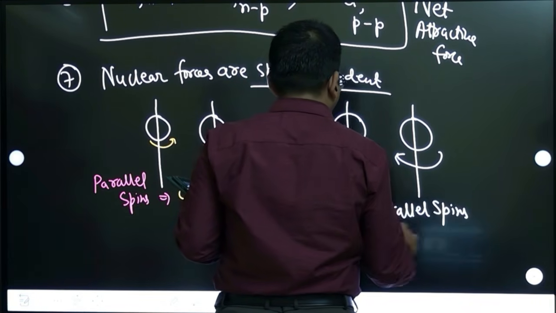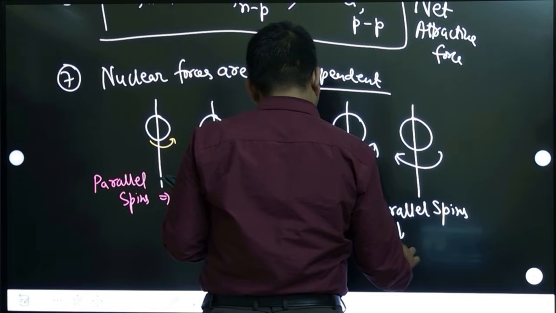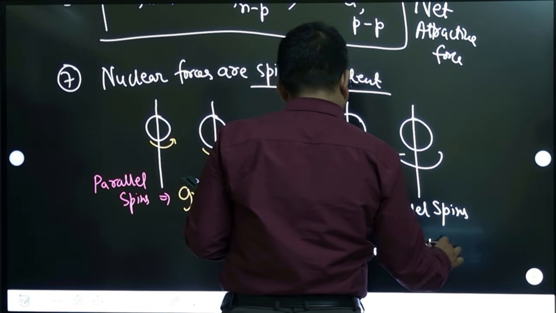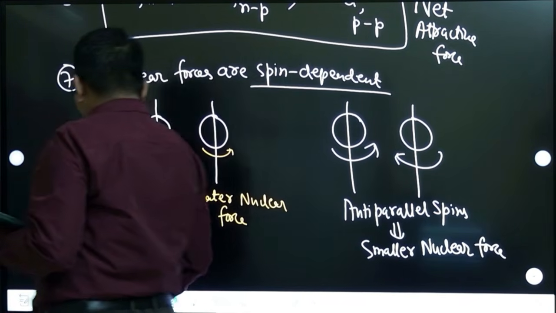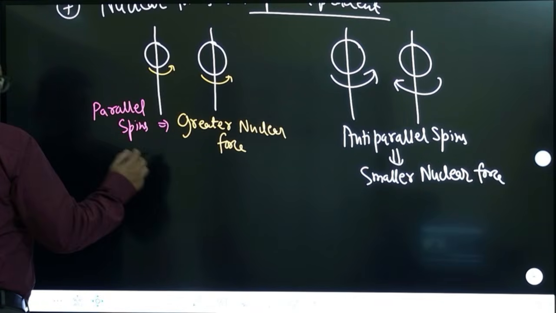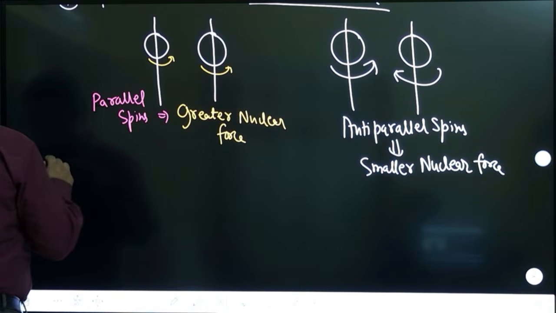Anti-parallel spins means they have smaller nuclear force. Both are attraction only, but nuclear force will be smaller attraction and larger attraction. It depends on this spin.